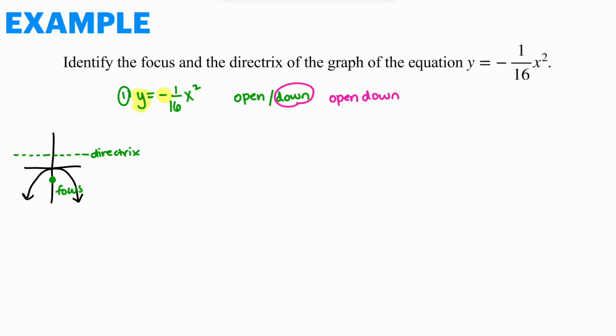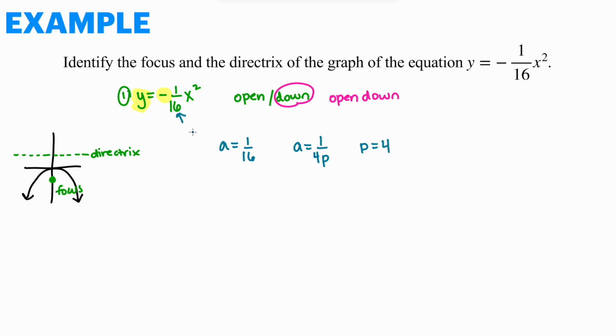So the next thing we are going to do is we are going to take the A. We know that A is 1 over 16. The negative tells us it's going down, but A is 1 over 16. And we also know that A equals 1 over 4P. So I'm going to set that equal to each other. I am thinking 4 times what number gives me 16?